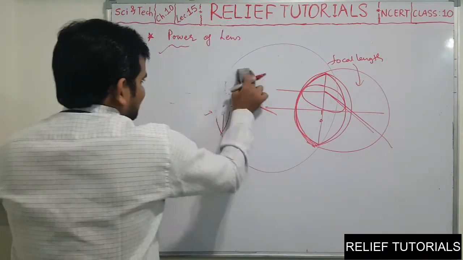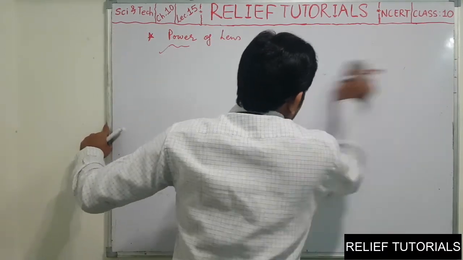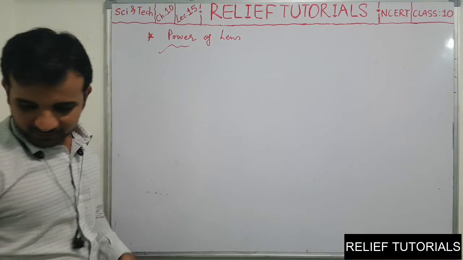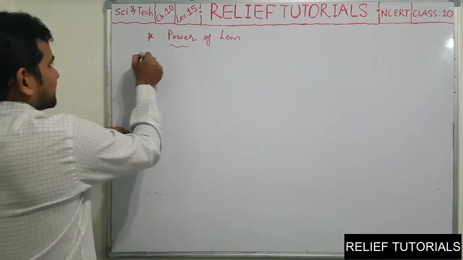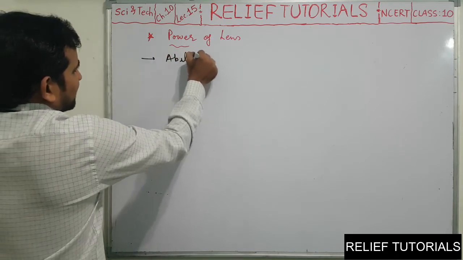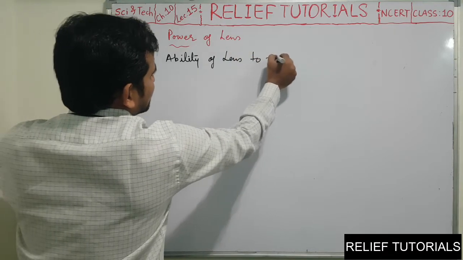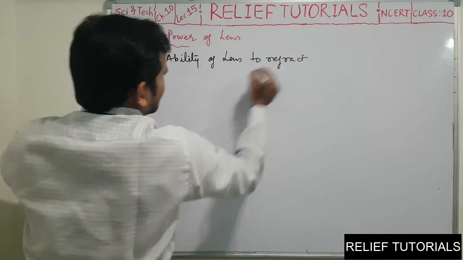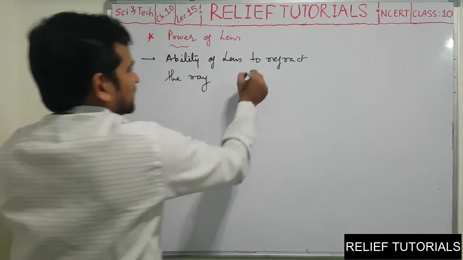So can I say that power depends on the focal length? First of all, what is the definition I can write for the power of lens? It is the ability of lens to refract the ray.